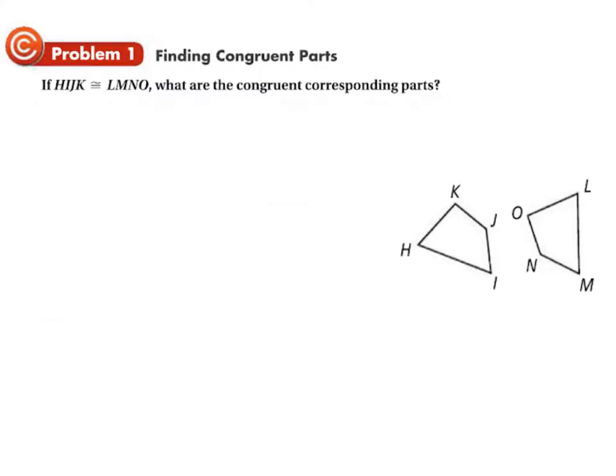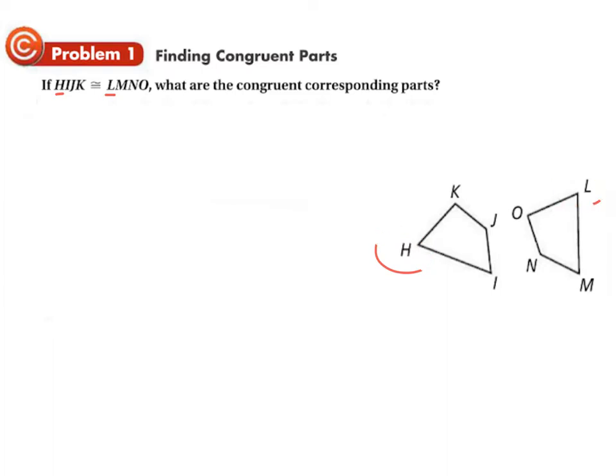So if we were to do that, like I just said, then if HIJK is congruent to LMNO, which you see over here, then what are the congruent corresponding parts? Well, we can first say straight away that angle H is congruent to angle L, right? And you can see them, H and L right there, okay? And you can imagine if we kind of flip this and oriented it, you'd get it on top of each other.